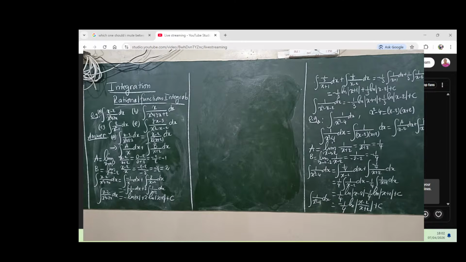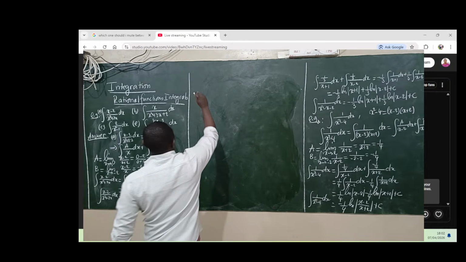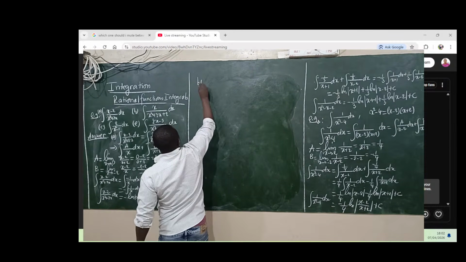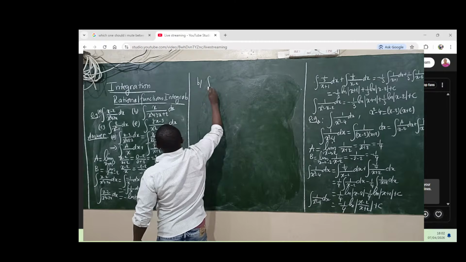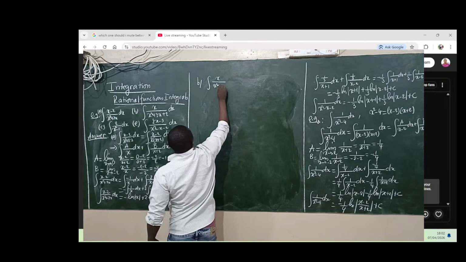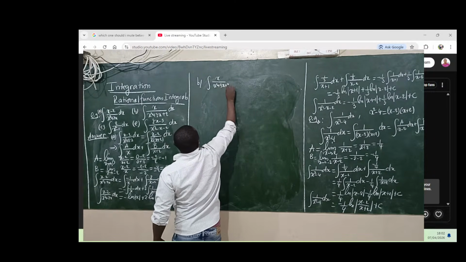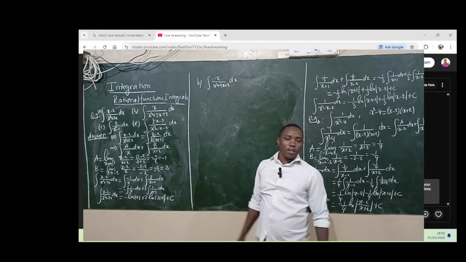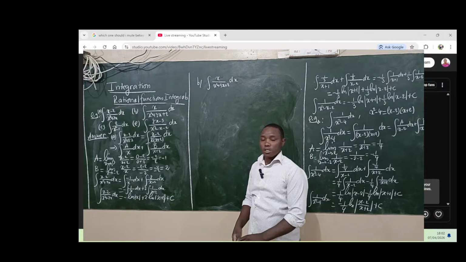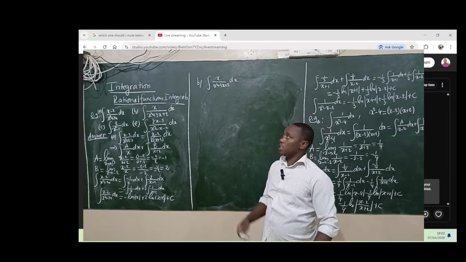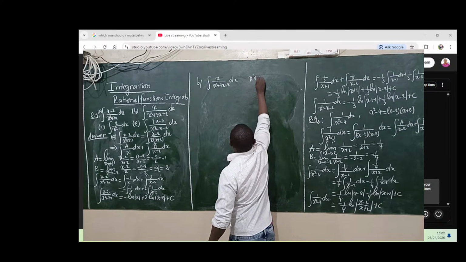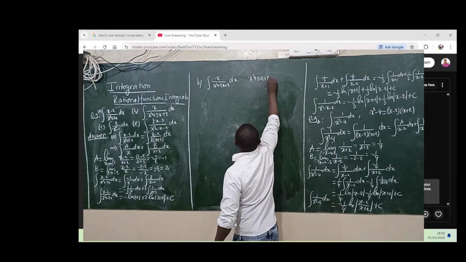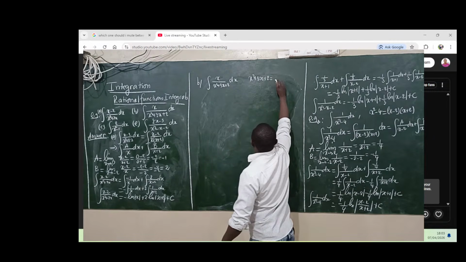Question B is about the integral of x by x squared plus 3x plus 2 dx. Do you think we can factor x squared plus 3x plus 2? Yes, we can. The factor form of x squared plus 3x plus 2 is x plus 1 times x plus 2.